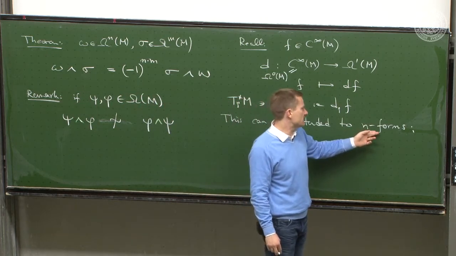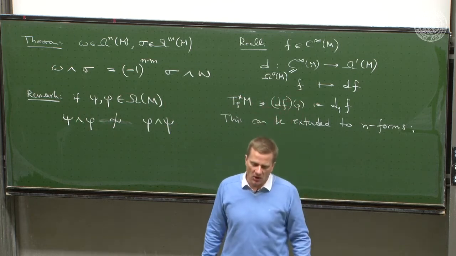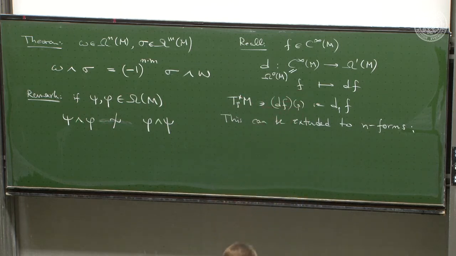N-forms are just specific tensors, and the answer is, on tensors, you cannot write down a derivative without adding further structure to the manifold. So the differentiable structure we have on the manifold is not enough to define a so-called covariant derivative on arbitrary tensors. But on forms, on these totally antisymmetric tensors, there is a notion of derivative, the so-called exterior derivative we're going to define, that can be defined just in terms of the differentiable structure.